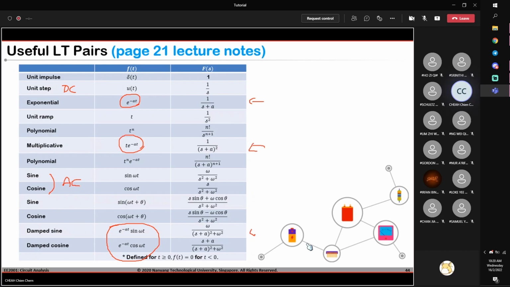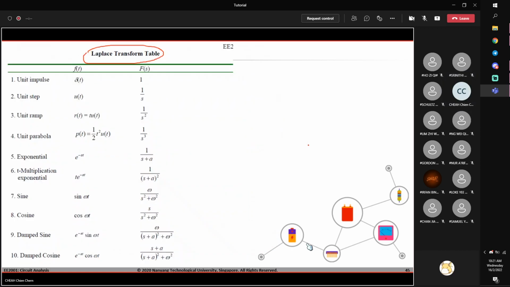So basically, among these four terms, the last two are for underdamped, the first one is for overdamped, and the combination of these two is for critically damped. Actually, it means that you can get all these terms here. You need not remember much.